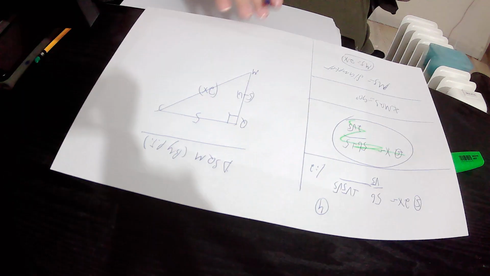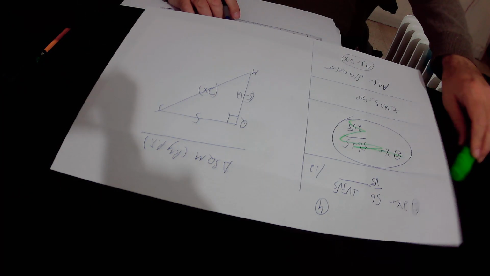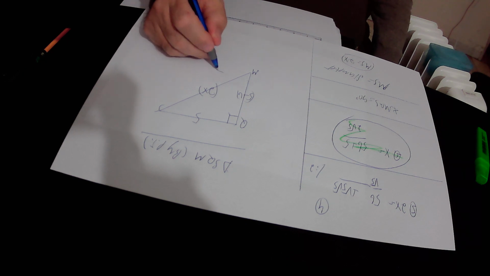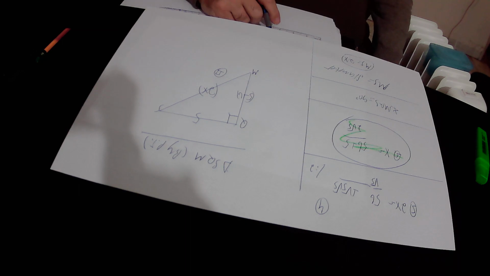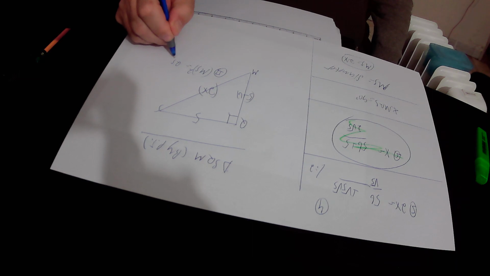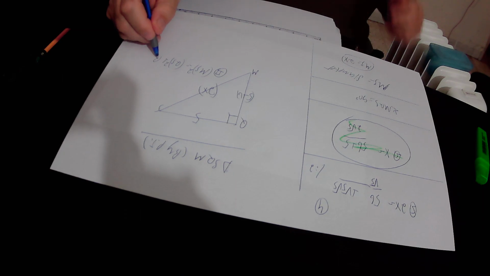So this is the right triangle QSM coming from the original drawing. By the Pythagorean theorem, this will be equation number 2. According to equation number 2, in this right triangle QSM, MS squared equals QS squared plus QM squared.